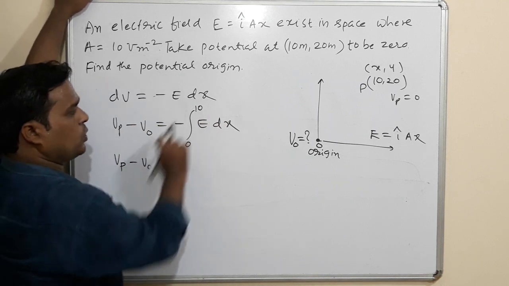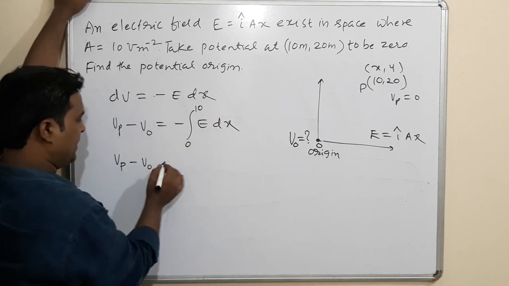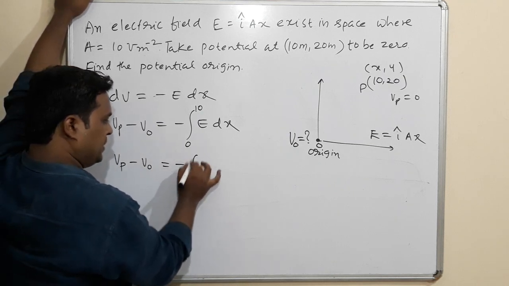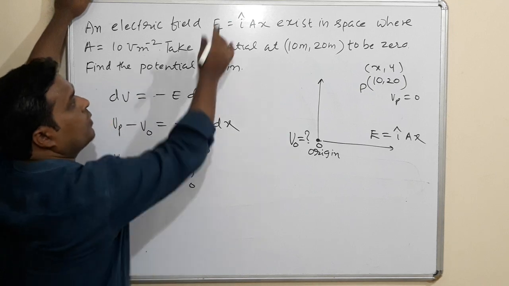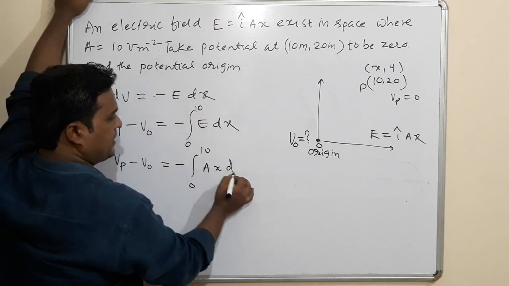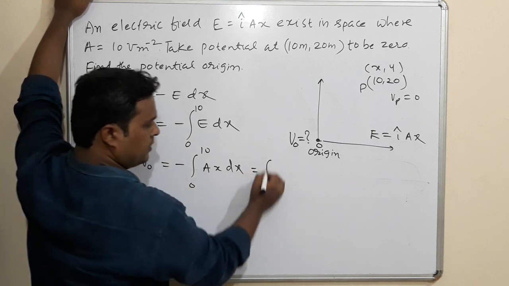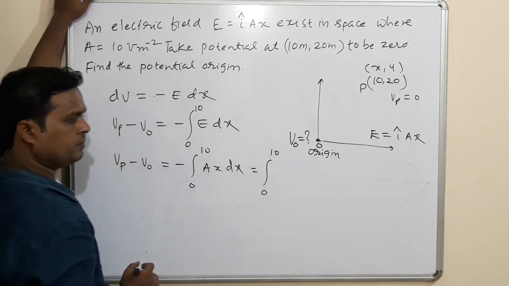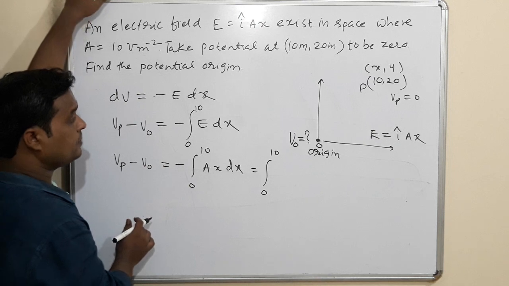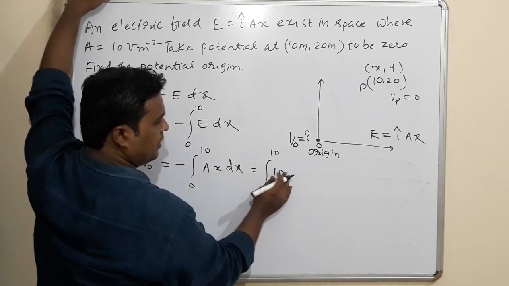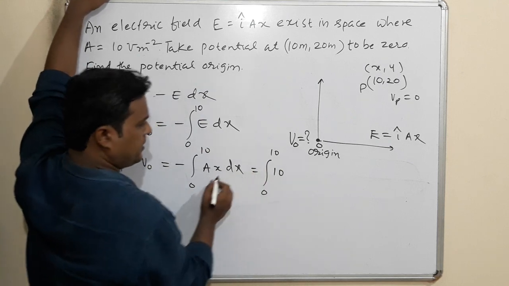Then this will be minus of integral from 0 to 10. What is my E? This is ax dx. What is a? This is 10. Then I will keep this 10 as x dx.